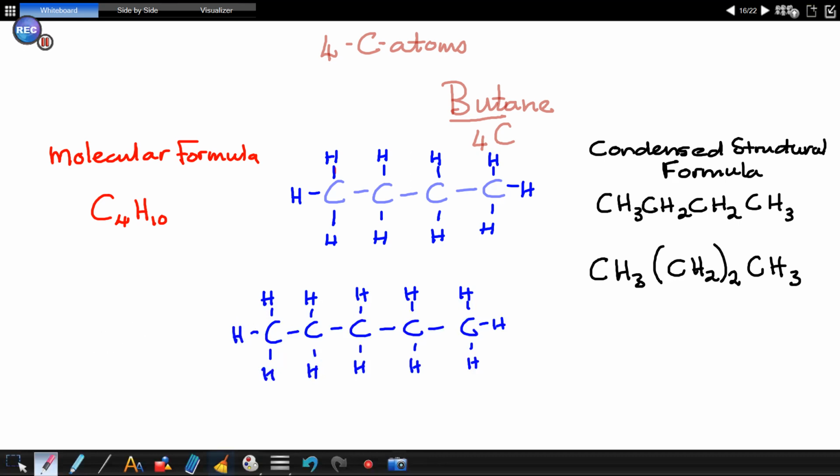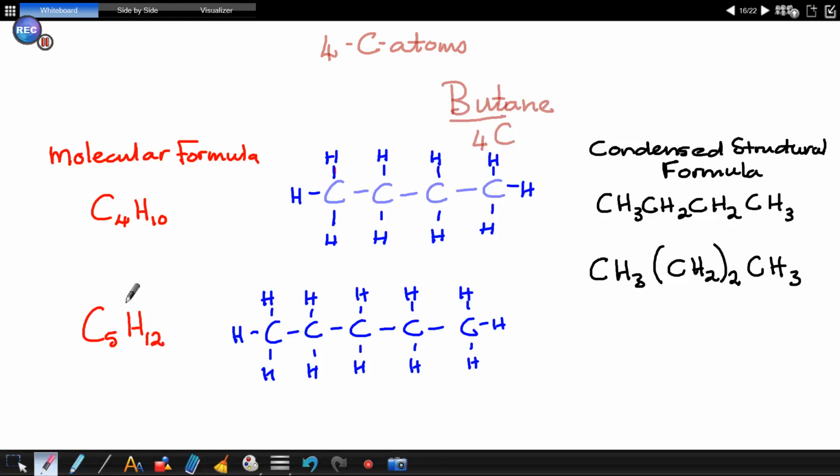So this is a saturated hydrocarbon with 5 carbon atoms, C5, H, 5 times 2 is 10 plus 2 is 12.